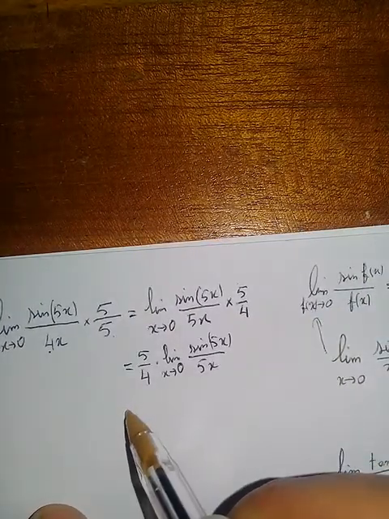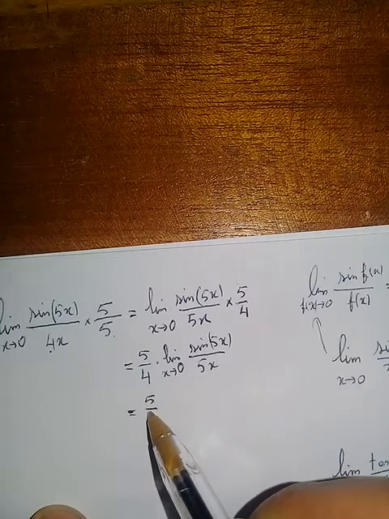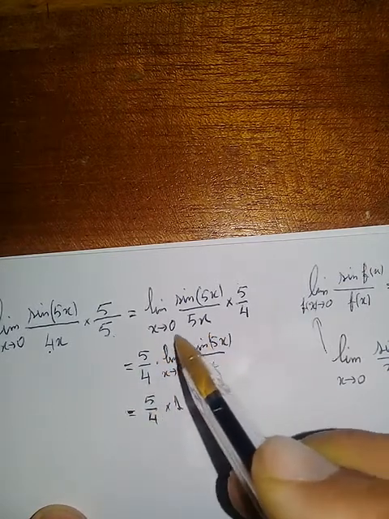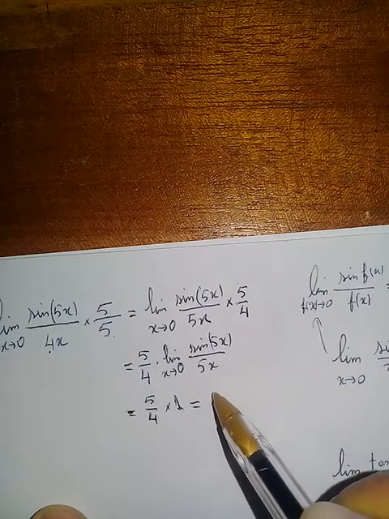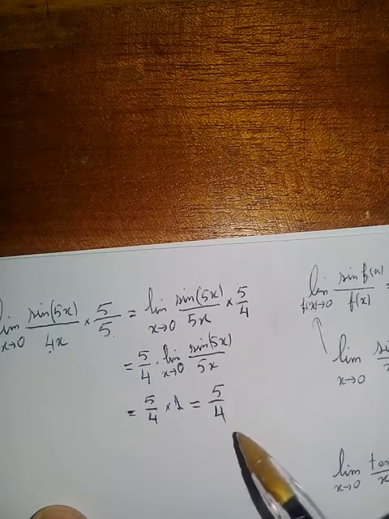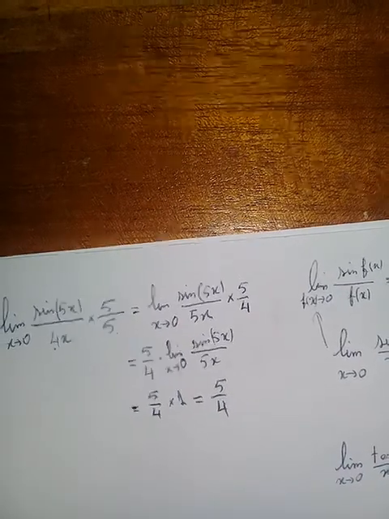So it's simply 5 over 4 times 1. This equals to 1. And we have 5 over 4.